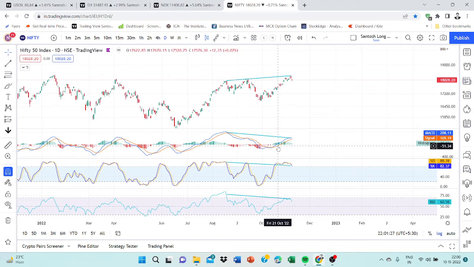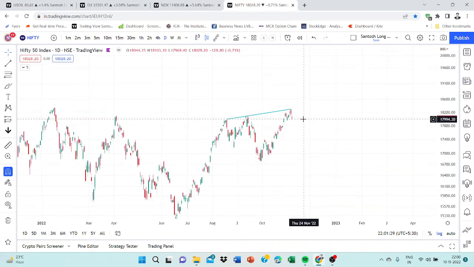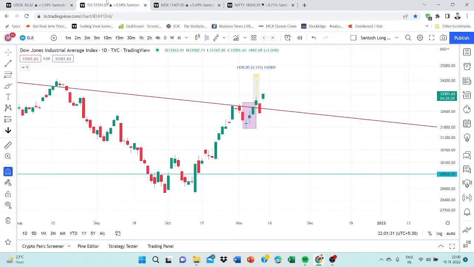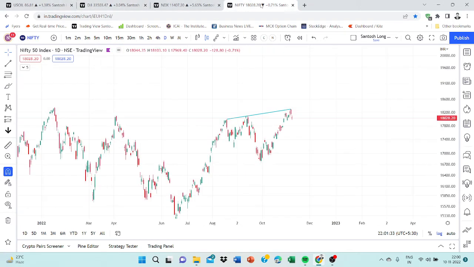Now let us come to our main part: what is the relationship between the US market and the Indian market? See, the US market, as we all know, is the most developed economy and the most developed market in the world. Everyone knows that. But why is it that if the US market falls, our market falls?